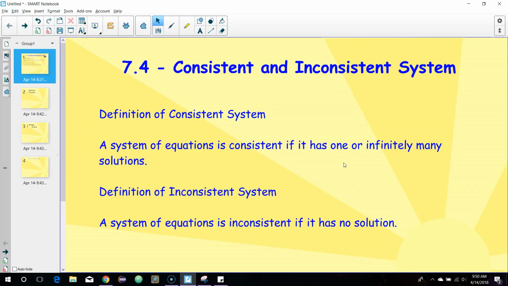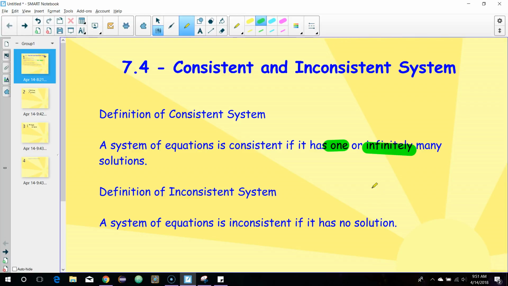One or infinitely many sounds complicated, but it's really not too bad. I'm going to show you what it means very soon. So a consistent system is based on these two things: whether you have one solution or as many solutions as possible.